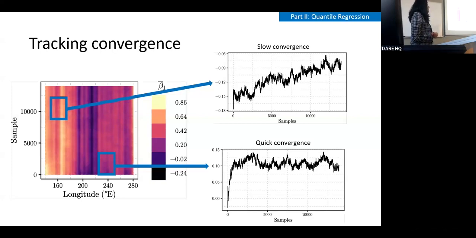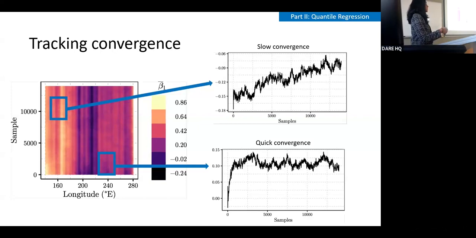We found that there's a lot of variation in how quickly things converge based on where you are spatially. And we had to run this well beyond 15,000 iterates to actually start seeing convergence. So you can see in particular where these colors get darker, this is converging quite slowly.